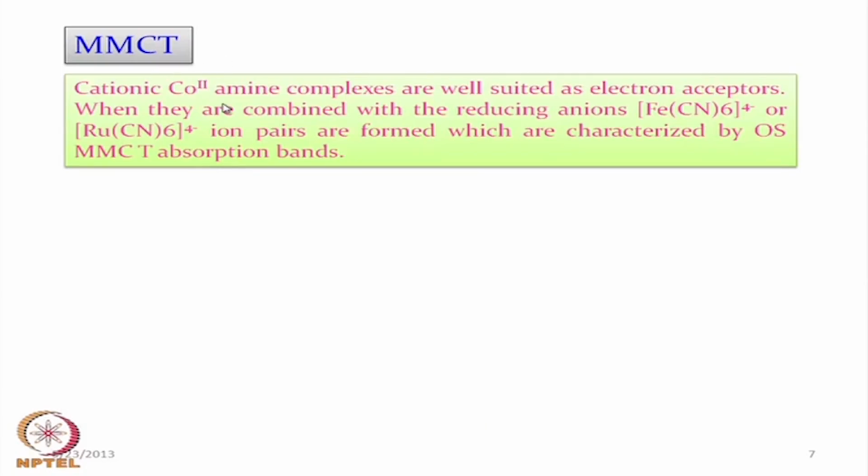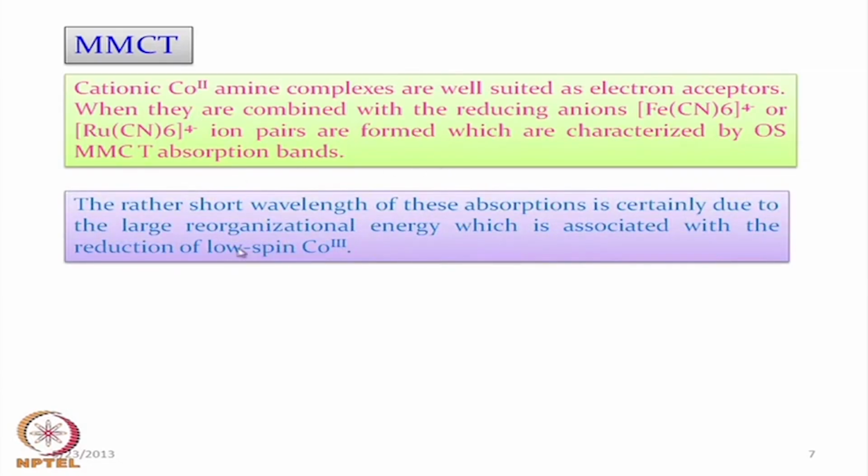So the cationic cobalt compound is present and the anionic part is there, and then only the metal orbitals are responsible for the transitions. The short wavelength of these absorptions is due to the large reorganization energy associated with the reduction of the low spin cobalt 3 compound.